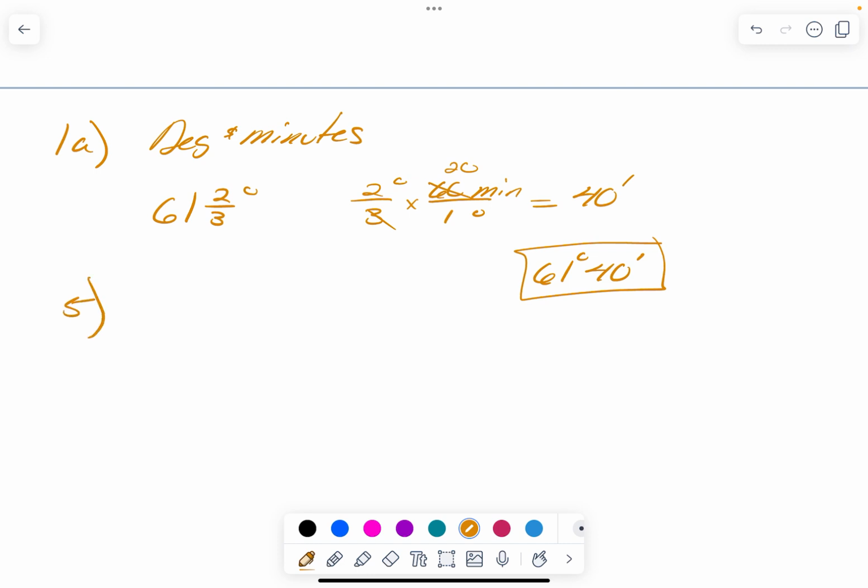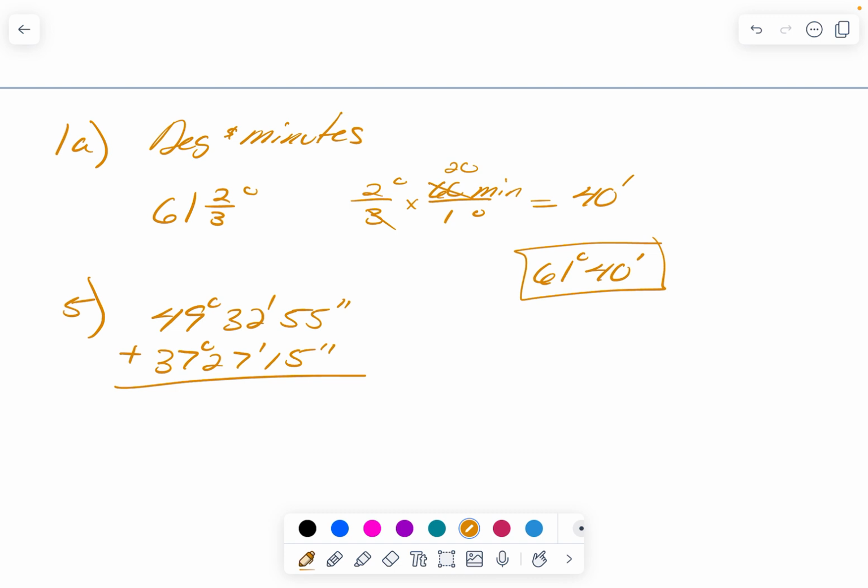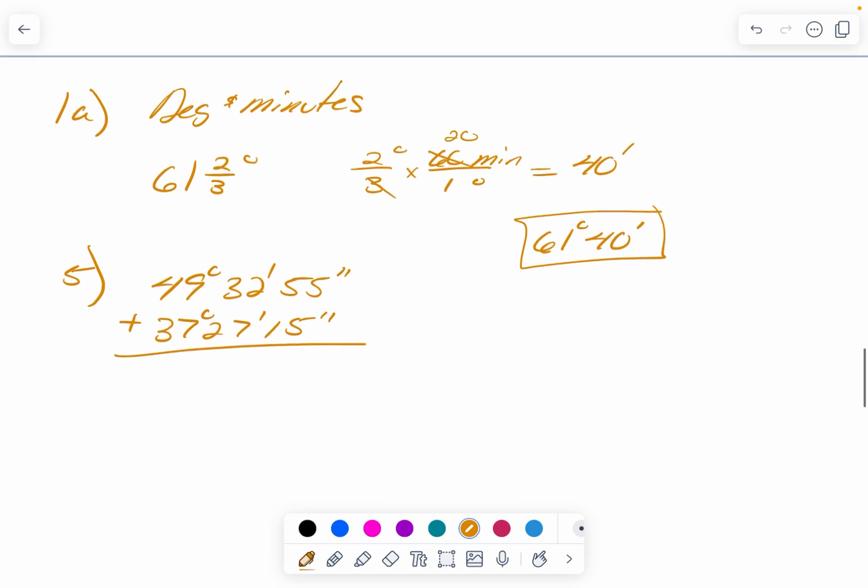Number 5 from the book: we need to add together 49 degrees, 32 minutes, 55 seconds, plus 37 degrees, 27 minutes, 15 seconds. Again, if you're watching the video, pause it, see if you can do it on your own.